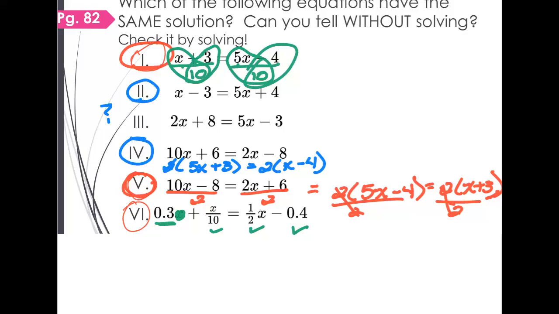And the 2's would simplify out. 5x plus 3, is that equal to x minus 4? Are those the same?